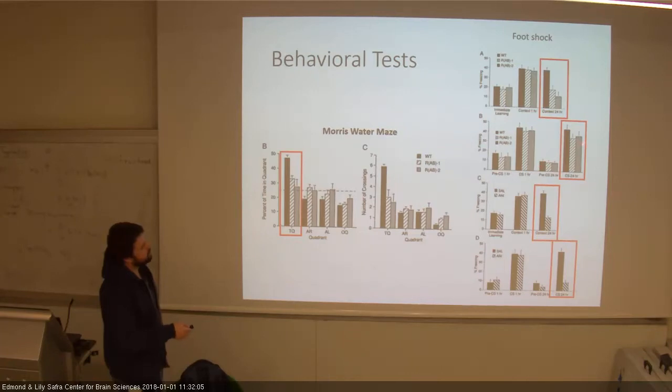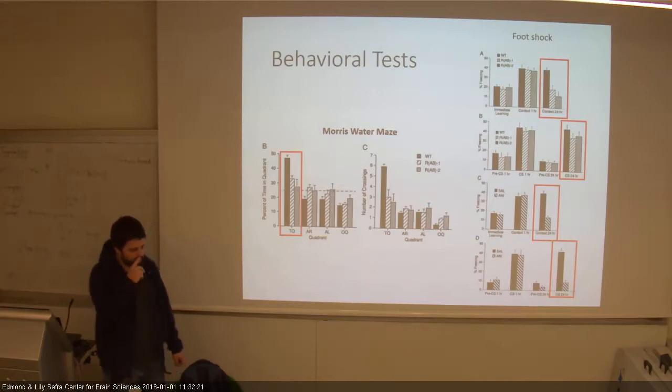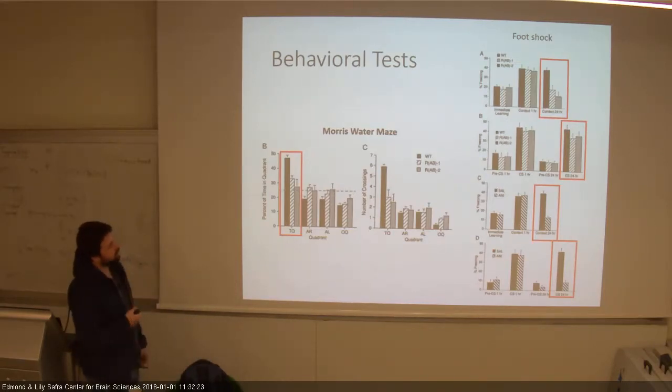And they show that in this task, it doesn't matter if it's 1 hour after the conditioned stimulus or 24 hours after; there's no difference from the wild type. So this ability is kept because they claim it's an amygdalar property. Then they also wanted to show that the effect they saw is similar to what you get if you stop protein synthesis.